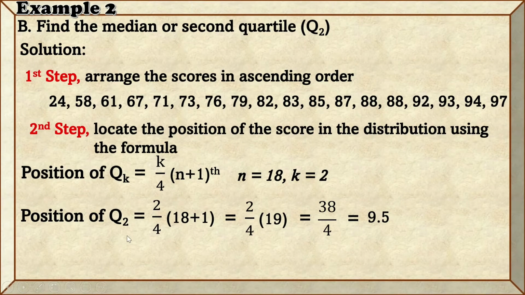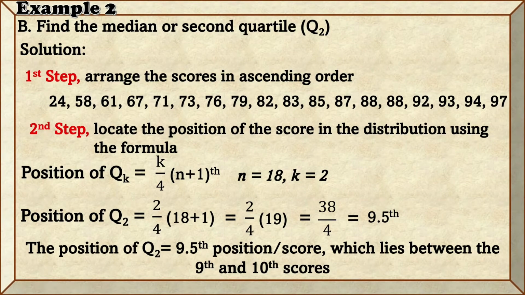So the position of second quartile is the value of k, which is 2 over 4. Then the value of n is 18. So we have 18 plus 1. So 2 over 4 times 19 equals 38 over 4 equals 9.5, or 9.5 positions.